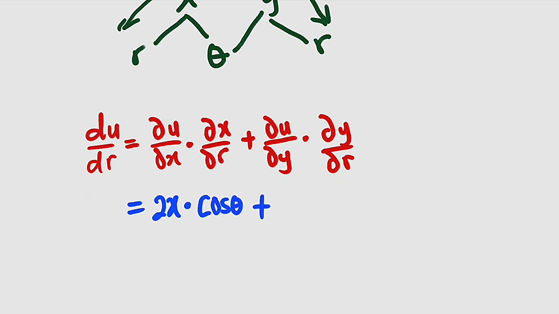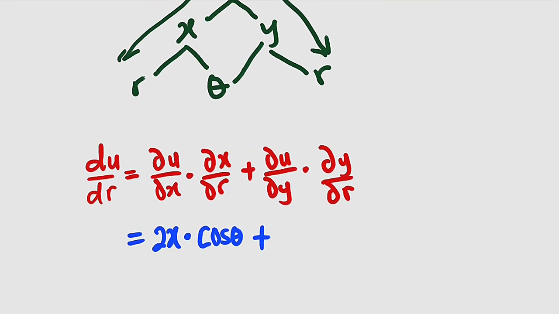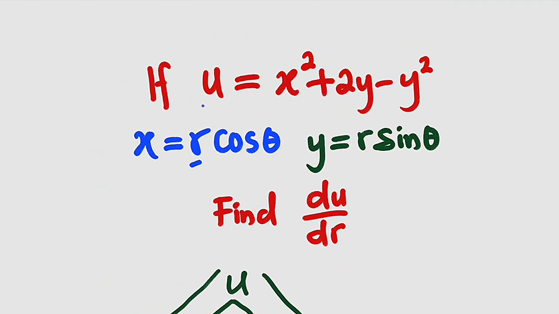Then plus the partial derivative of u with respect to y. We differentiate u with respect to only y, keeping x constant. Differentiating this, you have 2, and differentiating this, you have negative 2y.